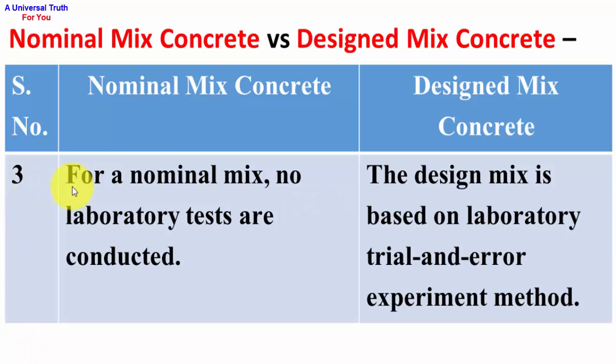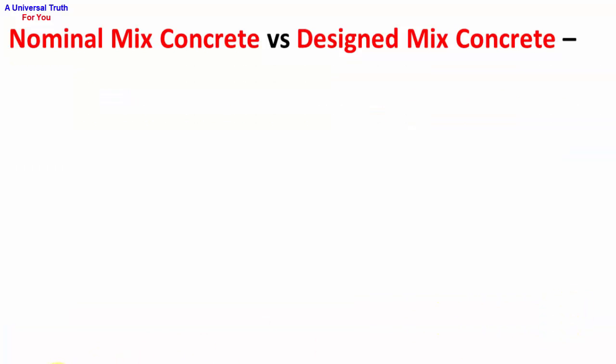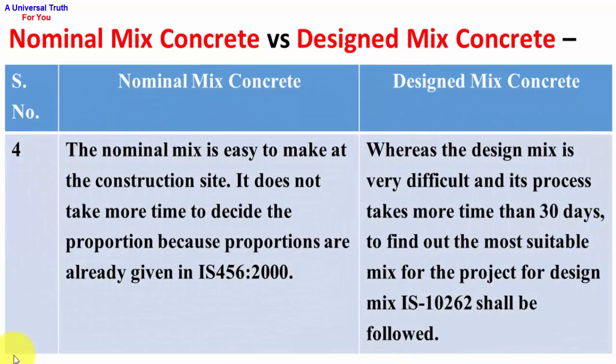Number 3, for a nominal mix, no laboratory tests are conducted. The design mix is based on laboratory trial and error experiment method. Number 4, the nominal mix is easy to make at the construction site. It does not take more time to decide the proportion because proportions are already given in IS 456 2000.